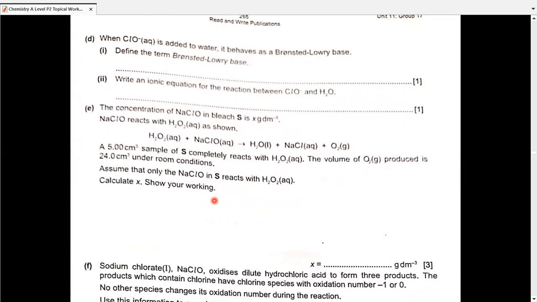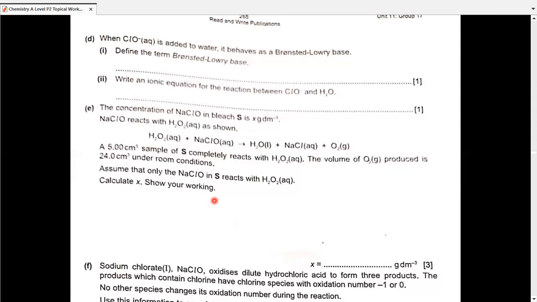Reaction between Cl negative plus O negative, H2 plus O negative. O will cancel, and the bond will form between Cl and H. So, don't forget, the line written in part D can help you complete this equation.